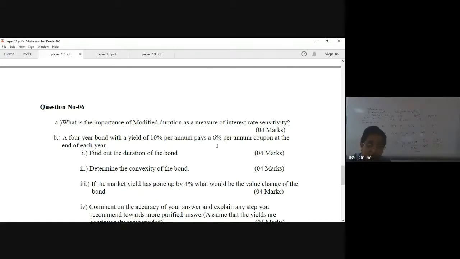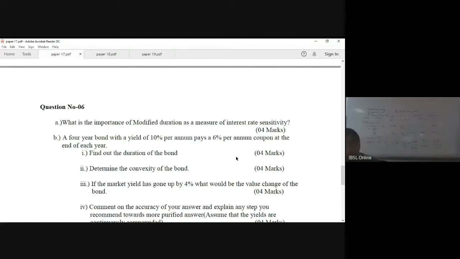Coupon is 6%. They have not given the face value of the bond. If that is the situation, you can assume a face value, either 100 or 1000. I think it is better to assume 1000 rather than 100. So if it is 1000, the coupon amount would be 60 per annum.